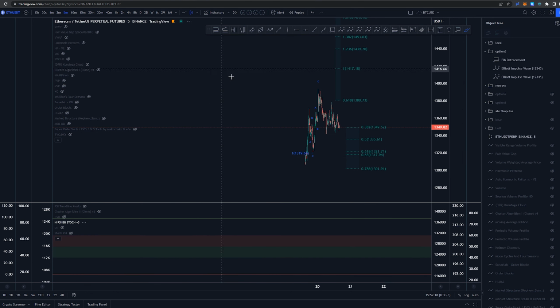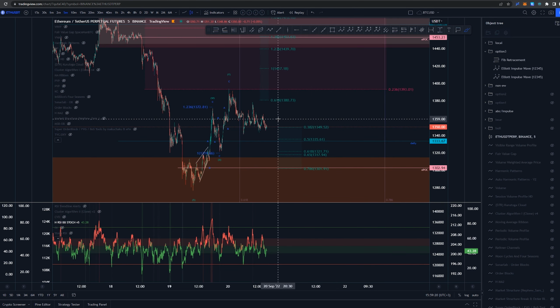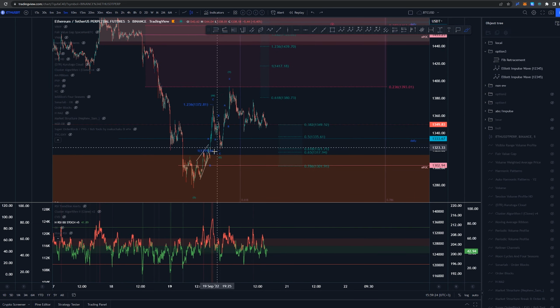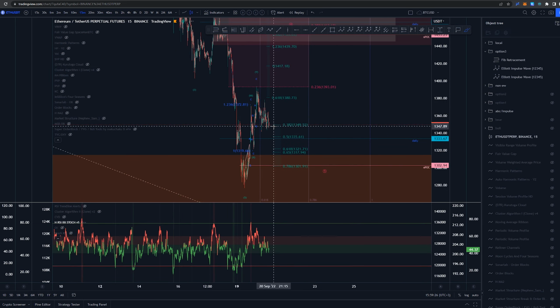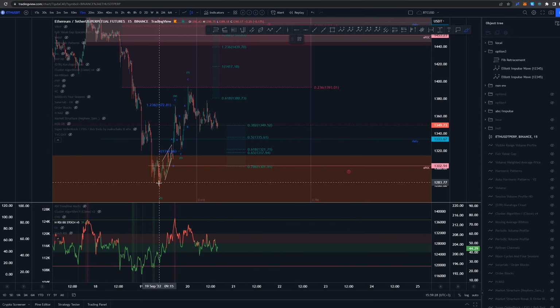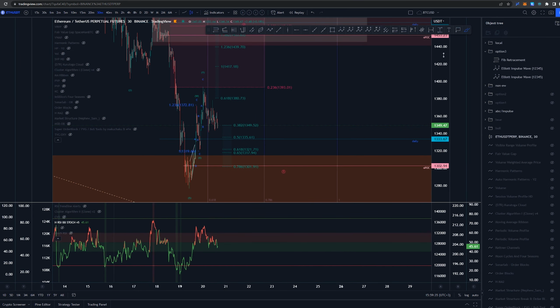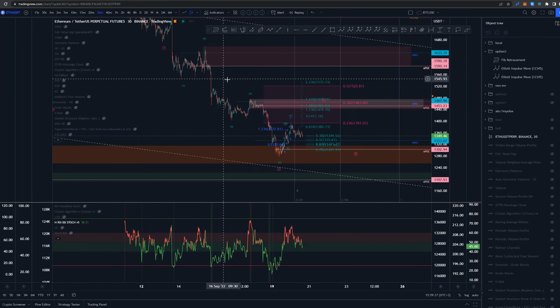At the moment I would just sit out on Ethereum, most likely not taking setups based on the structure itself. Maybe if you want to be trading, it should be just looking at these higher time frame structures instead of the lower ones to validate them basically. But yeah, that's of course your choice.